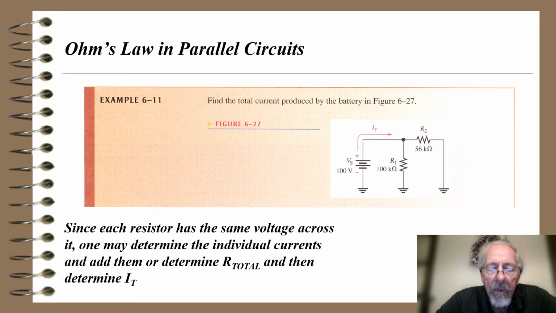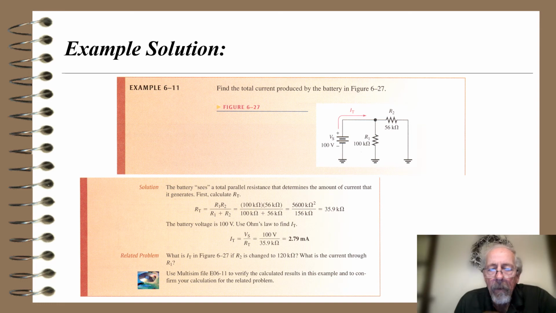Since each resistor has the same voltage across it, one may determine the individual currents and add them, or determine R total and then determine I total. In that example, the parallel combination of the 56K and the 100K ohm resistor works out to be 35.9 K ohms. The total current, 100 volts divided by 35.9 K ohms, is 2.79 milliamps.